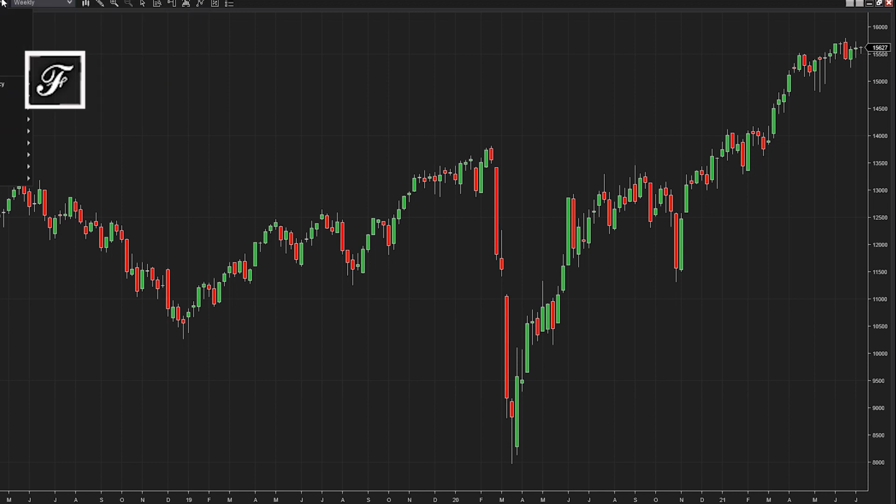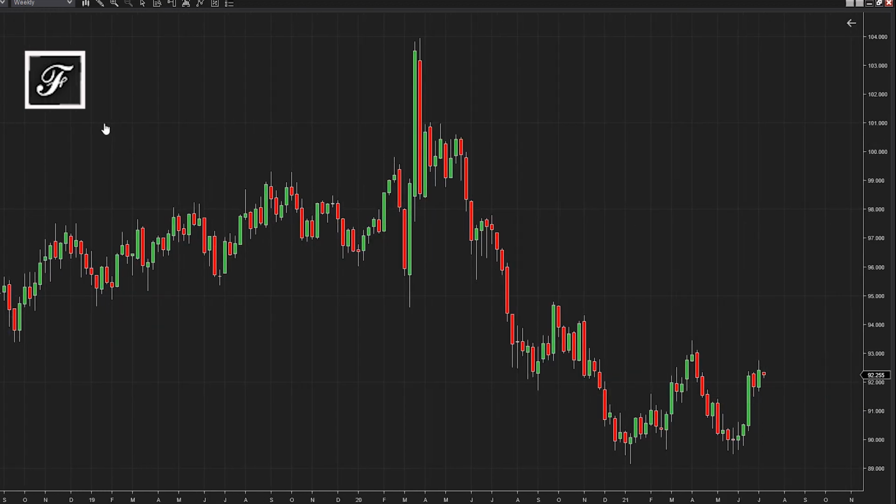So the next market we can check here is the American dollar. We have a perfect trend line going down here.